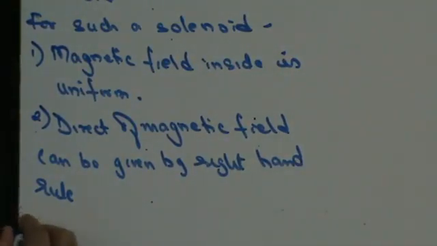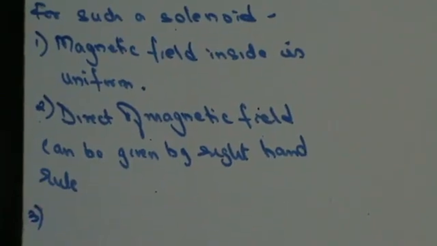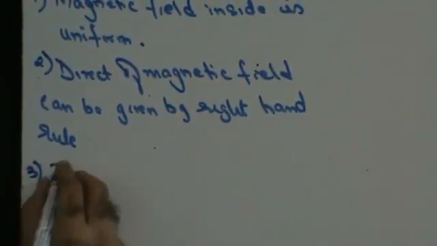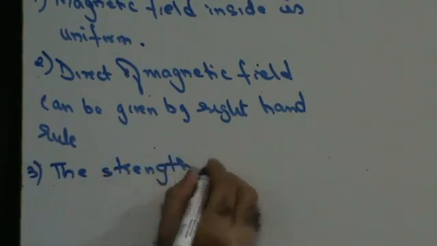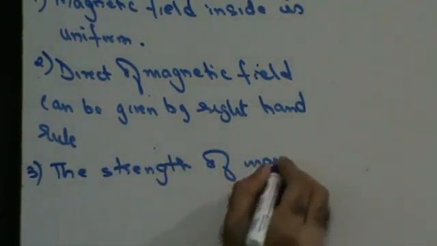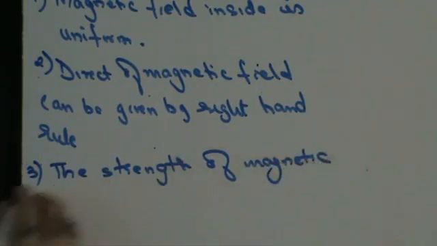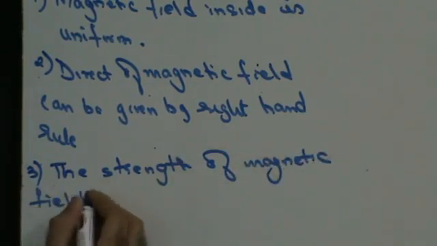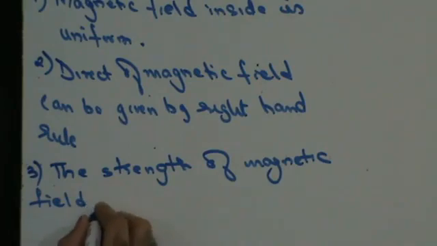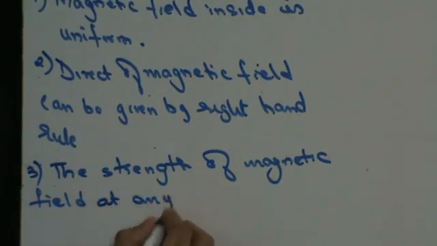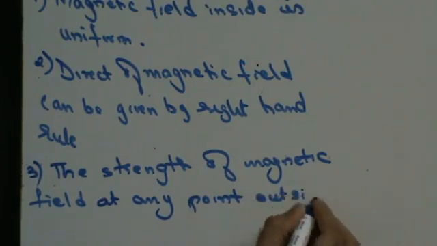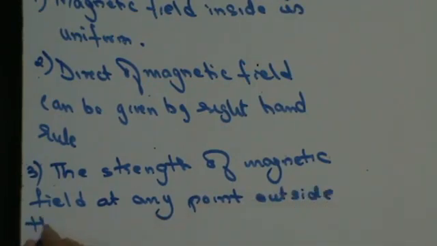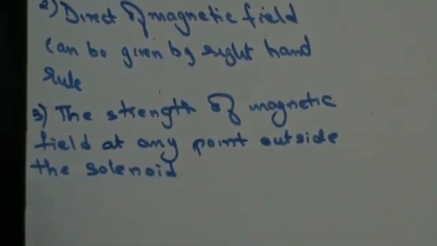These are the three things that work with the solenoid. The strength of magnetic field at any point outside the solenoid is almost zero.